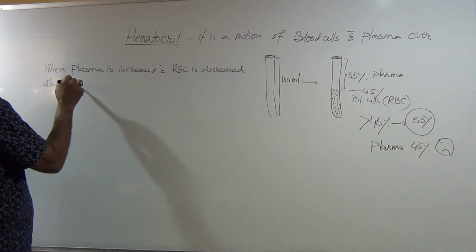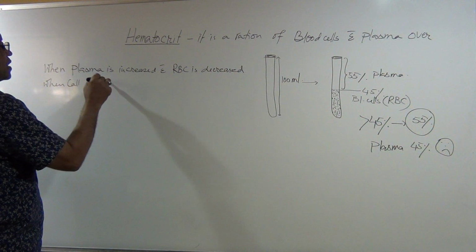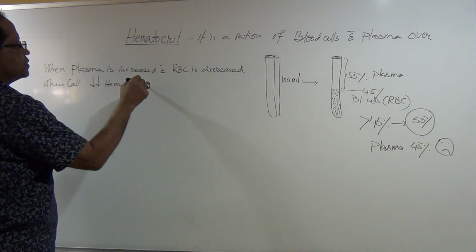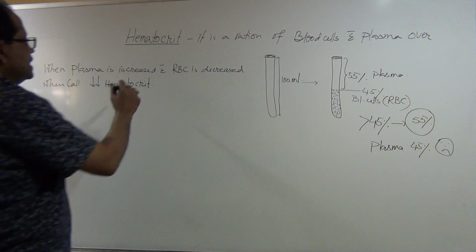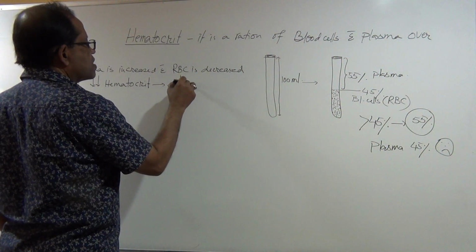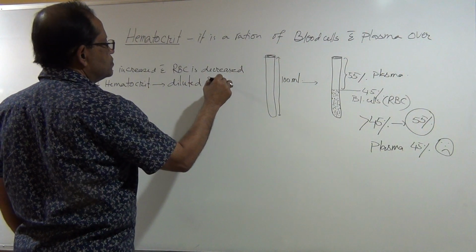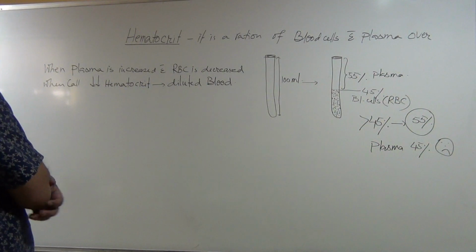we call it decreased hematocrit. Decreased hematocrit means diluted blood.